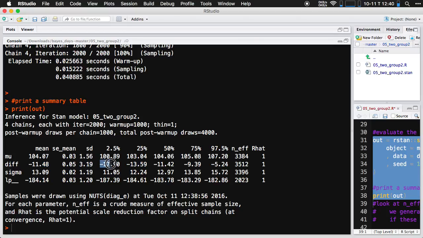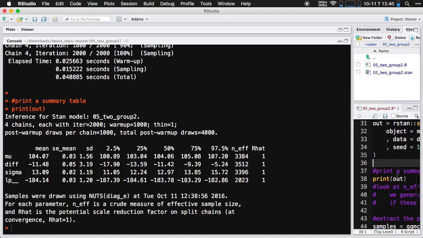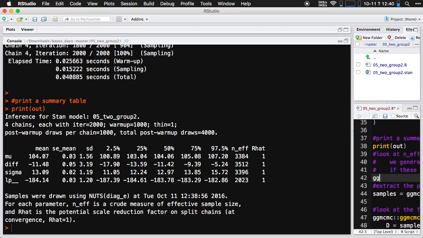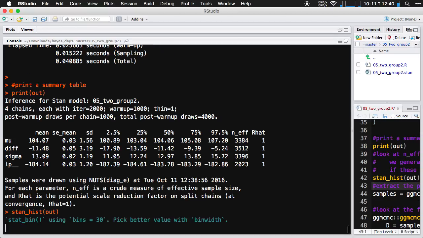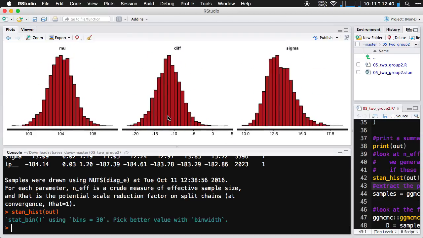The credible interval is from negative 17.9 to about negative 5. If we did a quick histogram of all those, stan_hist, it'll show the posterior distributions for all our parameters. So there's mu, there's sigma, and most critically, our difference distribution.